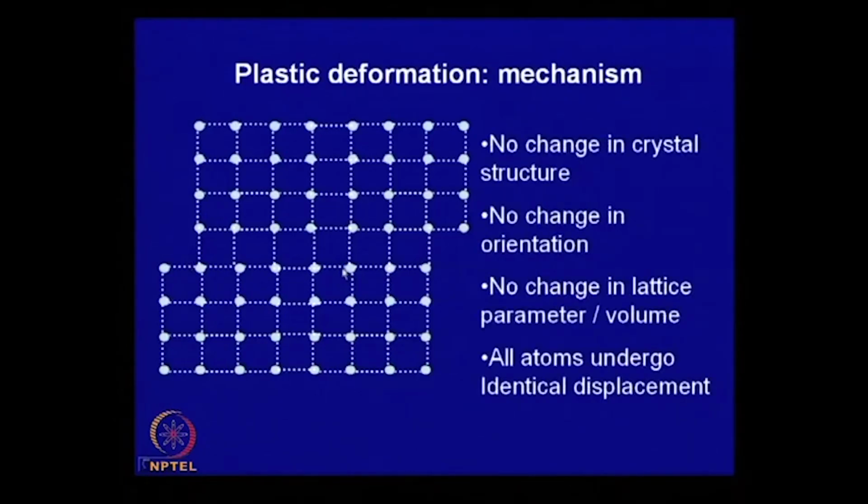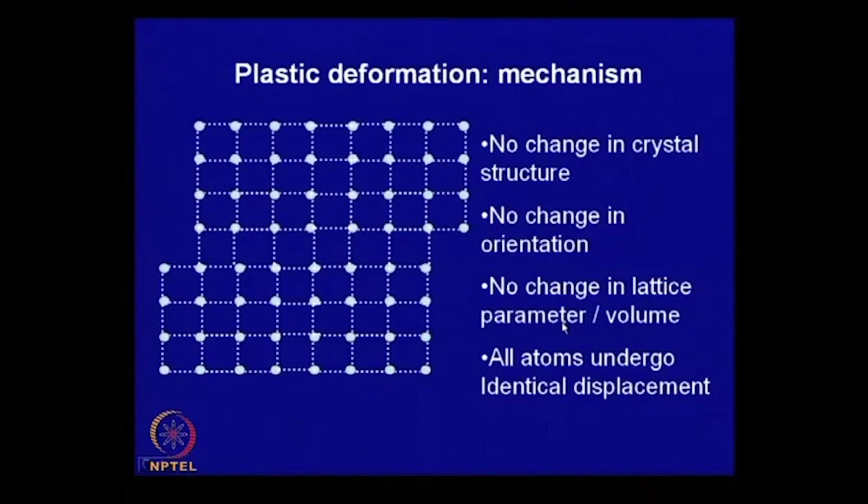And if you look at the crystal structure on both sides, they are identical, there is no change in lattice parameter, there is no change in orientation, there is no change in volume.